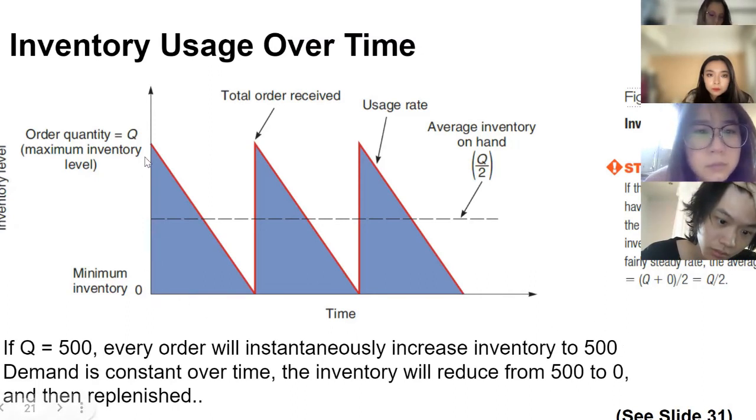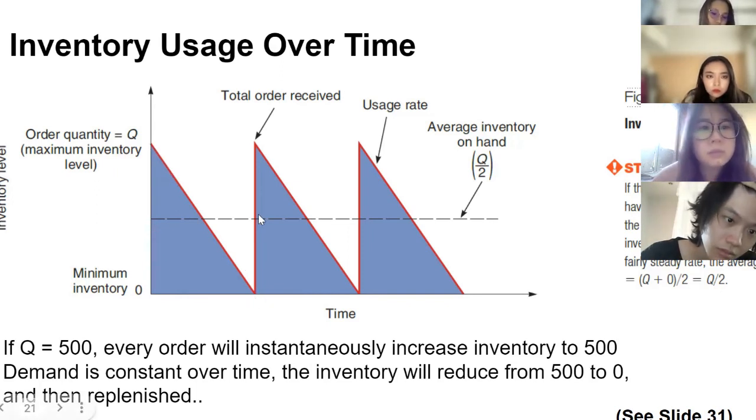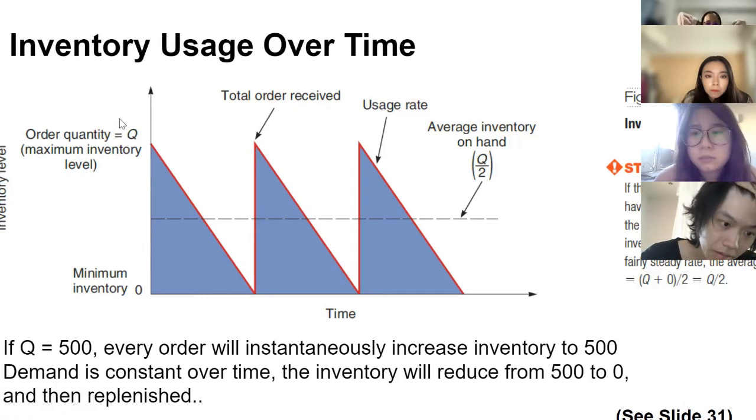So we start the model at 500, then we use it and become 0. Then immediately it becomes 500 again because we receive the total order. Then we use it at the usage rate. This is the reduction in the inventory. We want to know what Q is, so the model will answer what Q is. Average inventory on hand is Q over 2.